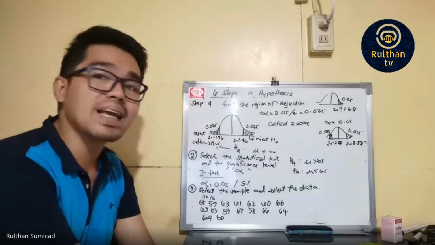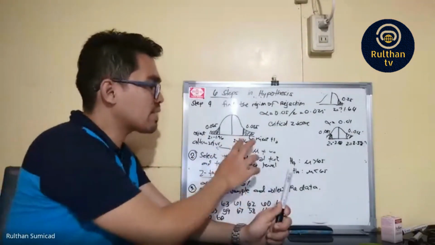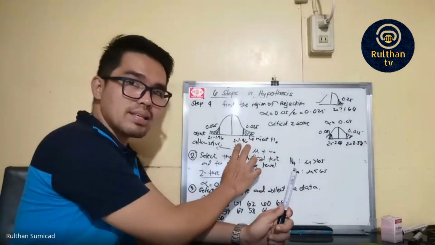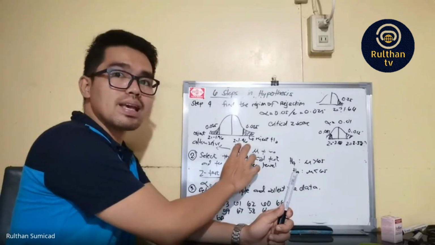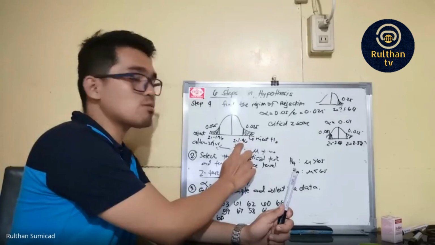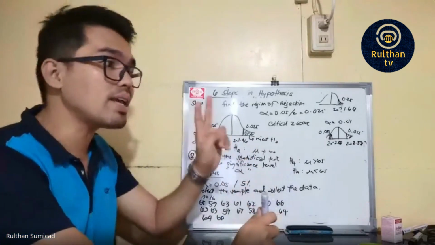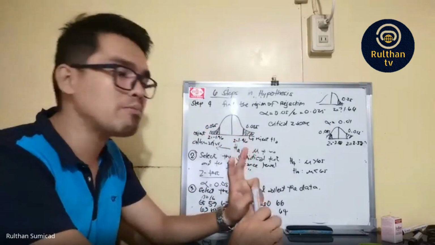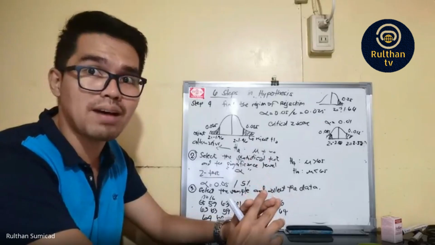If the computed z is greater than 1.96, we reject the null. But if our calculated z is less than the critical z, then we fail to reject the null hypothesis. That is when we base our decision on the z value.